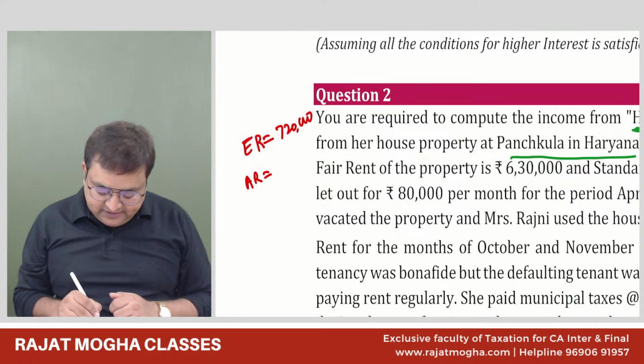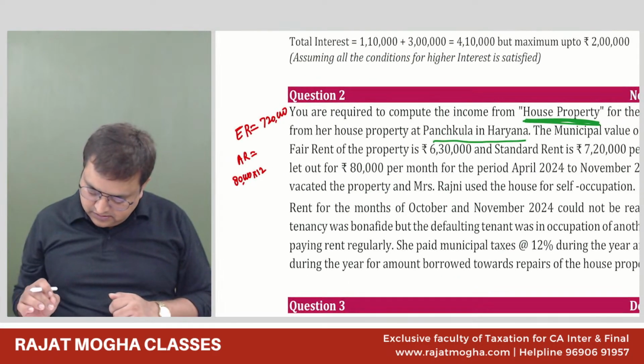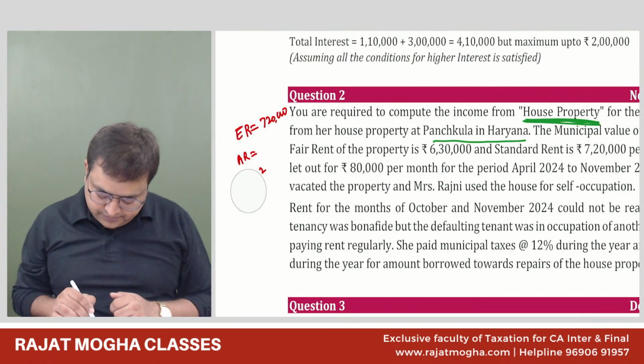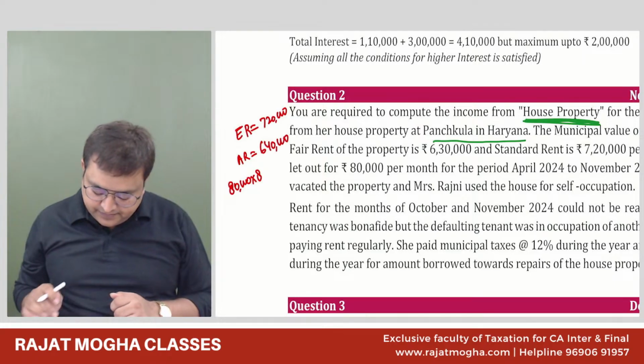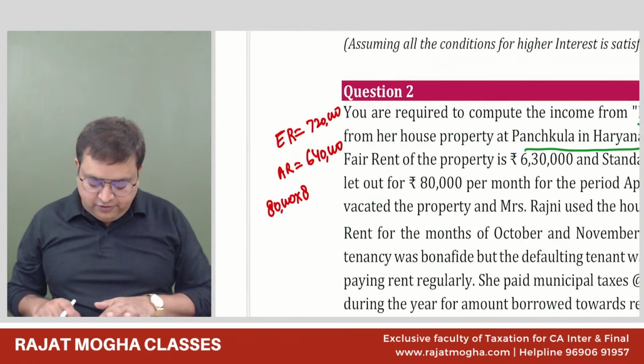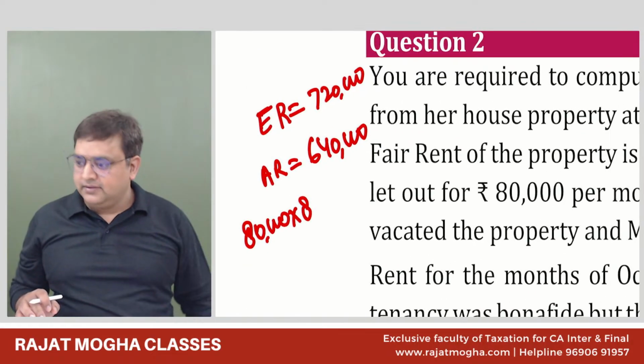Actual rent is 80,000 into 8, which is 6,40,000. It will be 6,40,000. Okay. Are you okay with this? Am I correct? Yes, sir.